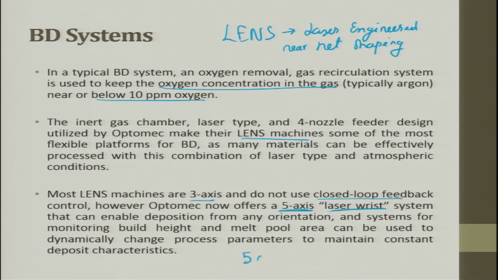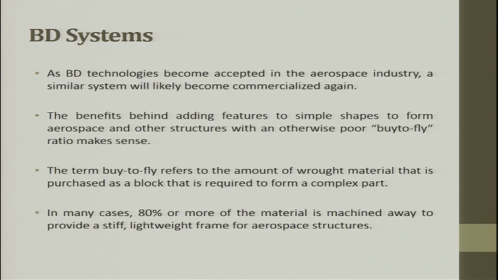When we talk about 5-axis, you have rolling motion, pitching motion and yawing motion. So, this will give you all possible orientations so that you can develop the object and get it. That can enable deposition from any orientation, and systems for monitoring built height and melt pool area can be used to dynamically change process parameters to maintain constant deposition characteristics.